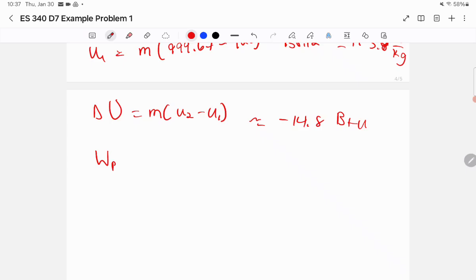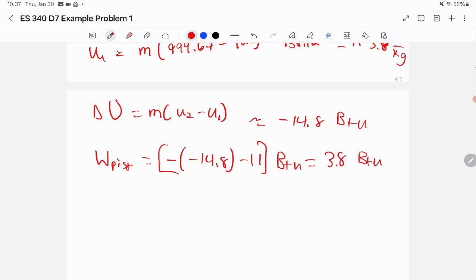So the work of the piston is equal to minus 14.8 minus 11. This is all in BTUs, which is equal to approximately 3.8 BTU.